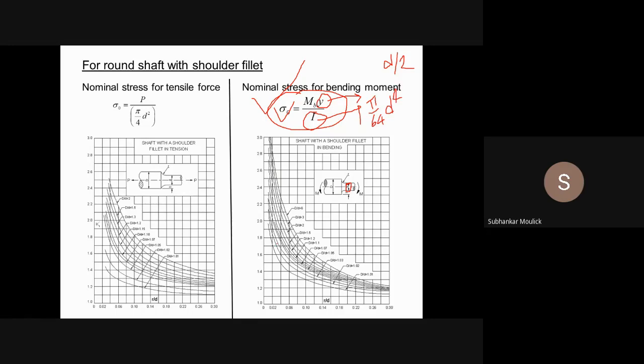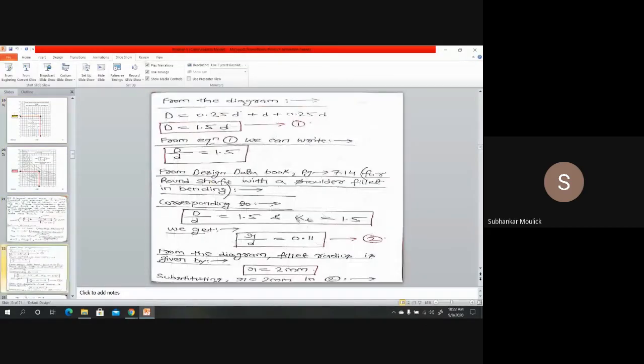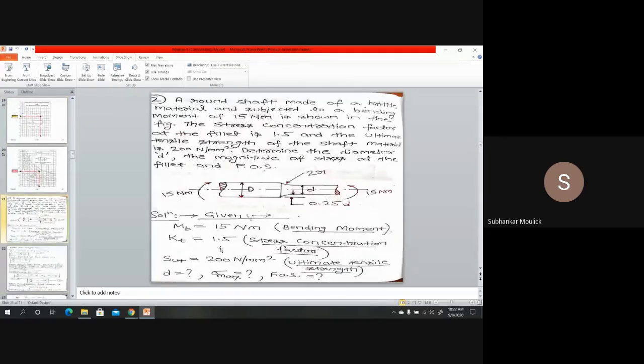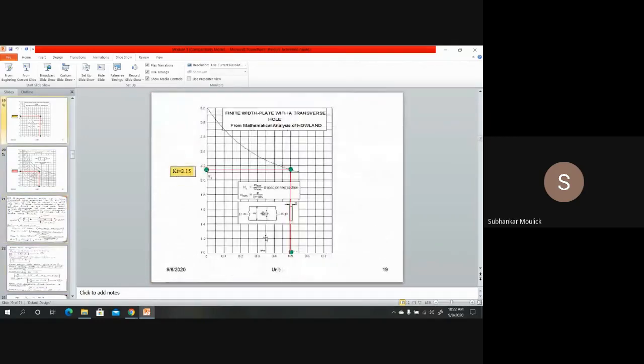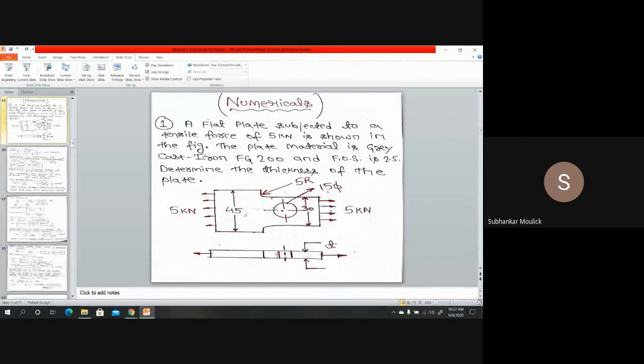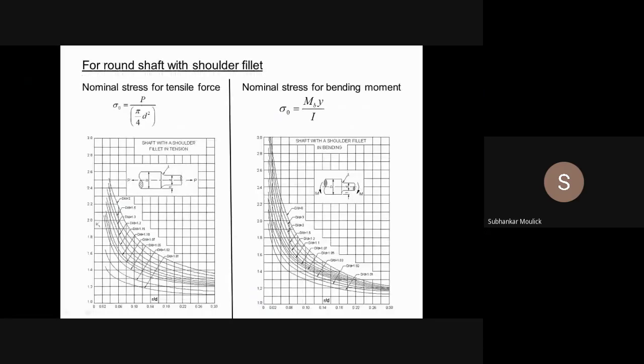Fine. So in my problem, Kt is given. How much is Kt? Kt is 1.5. Please take a note of this Kt value. Kt is 1.5 and capital D by small d is 1.5. So this will be the value of Kt.